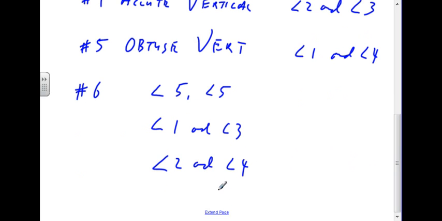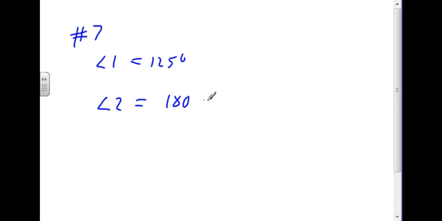If angle 1 is 125 degrees, I want to find angle 2. Angle 2 is the supplementary angle of angle 1. 180 minus 125 gives me 55 degrees.